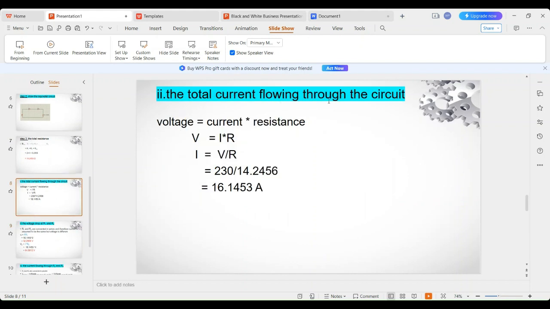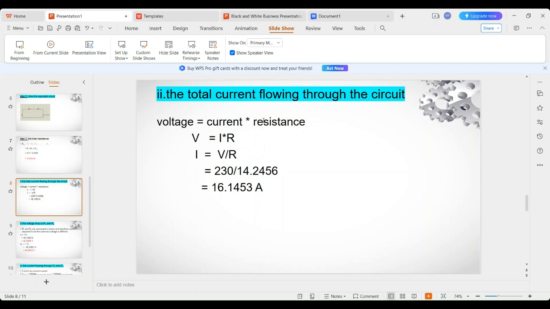Total current flowing through the circuit. How do we calculate the current flowing through a circuit? Using Ohm's law, we know that voltage is given by current multiplied by resistance.